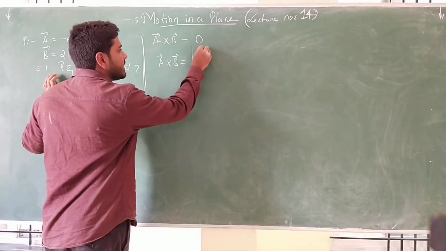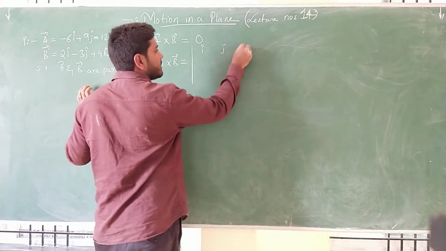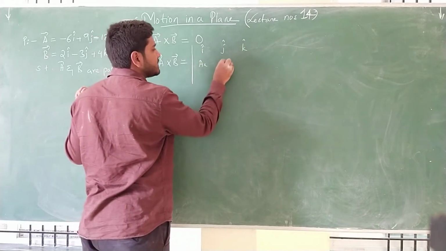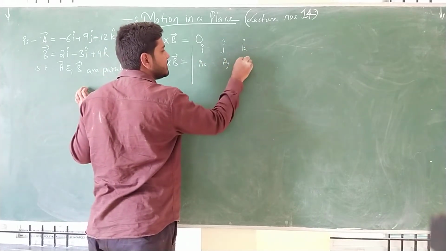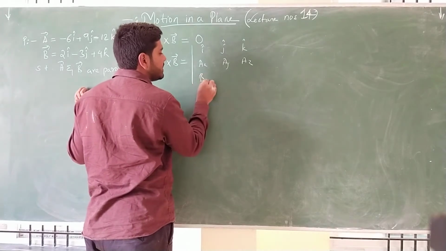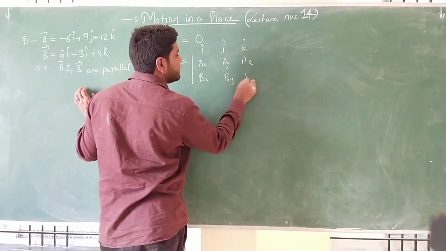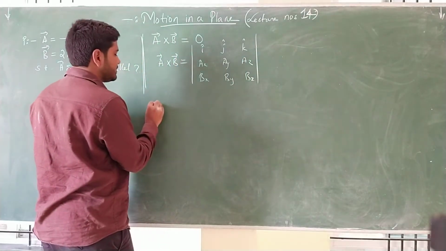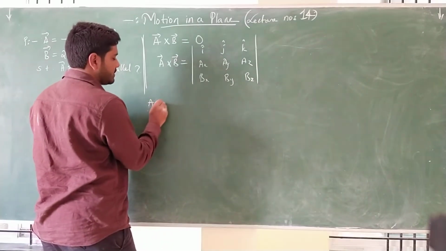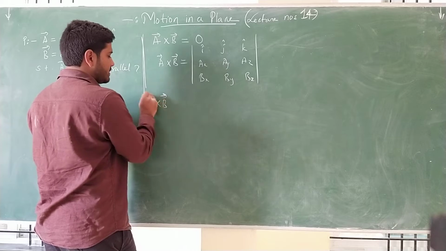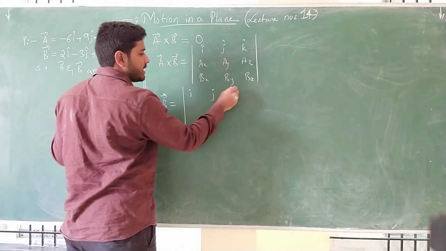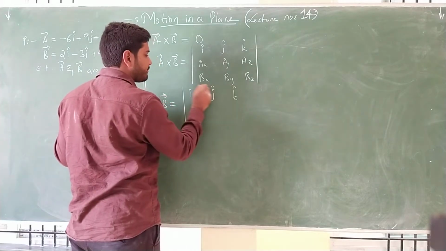So what is this? i cap, j cap, k cap first. Here it will be Ax, Ay, Az. Here it will be Bx, By, Bz. Now write it. A cross B will be equal to i cap, j cap, k cap.